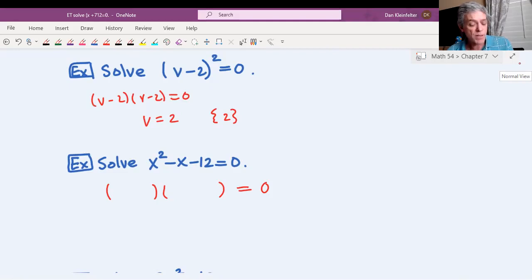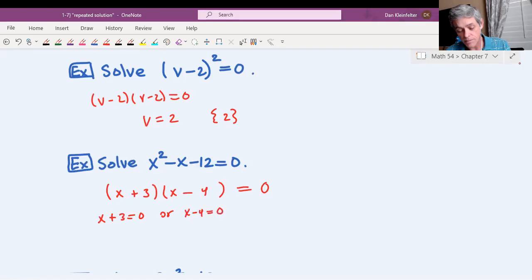I'm looking for 2 numbers that multiply to negative 12 and add to negative 1. One will be positive, one will be negative. It looks like negative 4 and positive 3. Okay, and so that means that either x plus 3 is 0 or x minus 4 is 0. So x could be negative 3 or x could be 4.